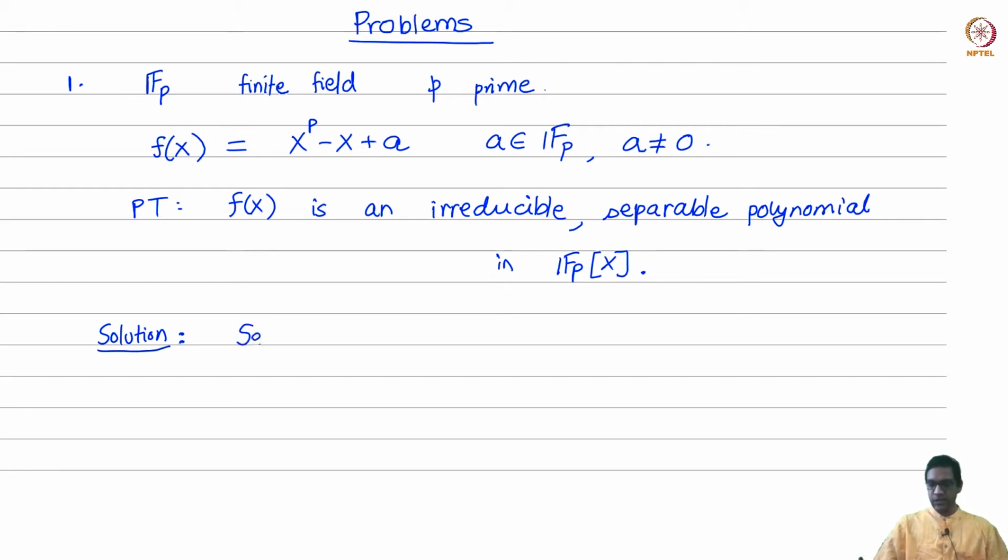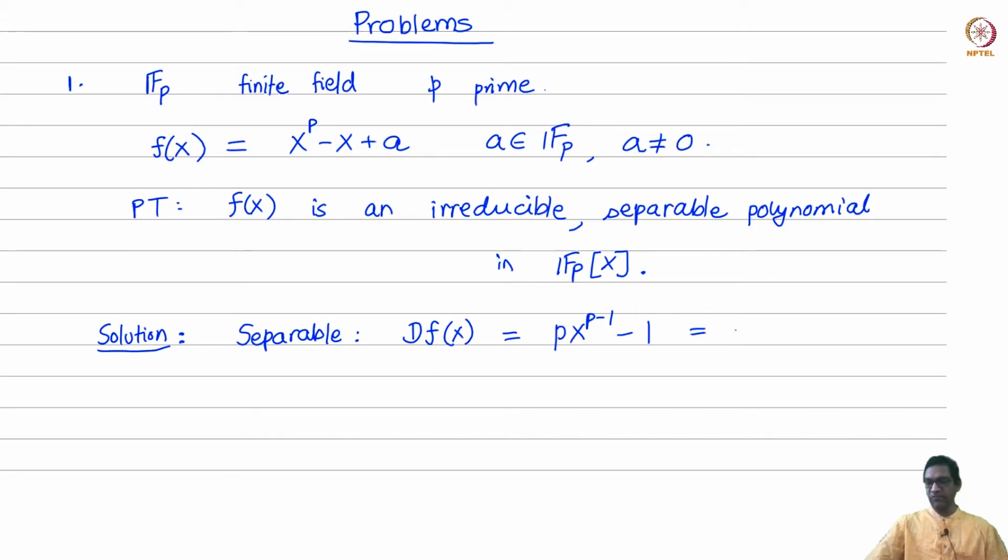So first, let's check separability. Why is f separable? Recall the criterion for separability, which says that if the GCD of f and f prime is 1, then f is automatically separable. In this case we just have to compute the derivative, f prime of x, which is just p x to the p minus 1 minus 1.